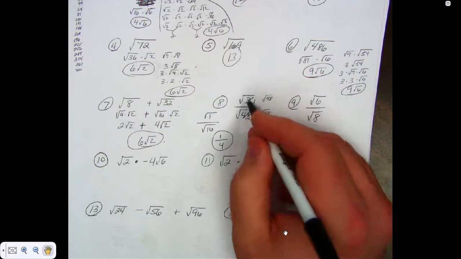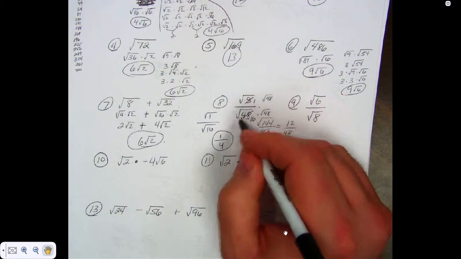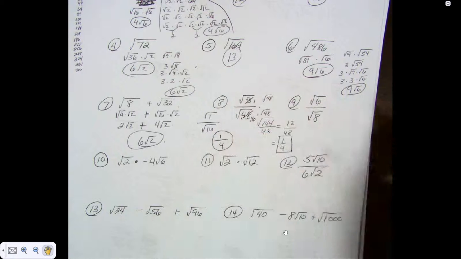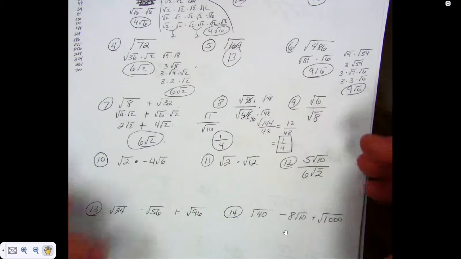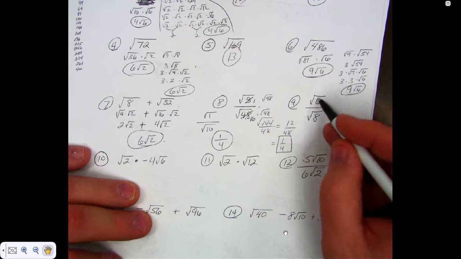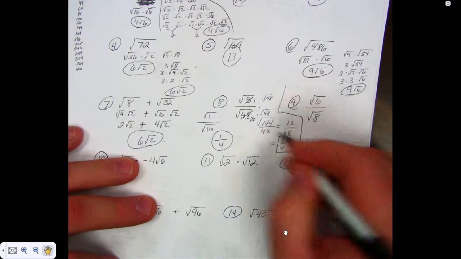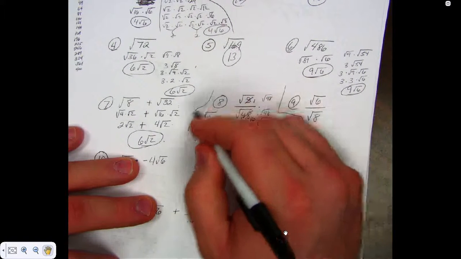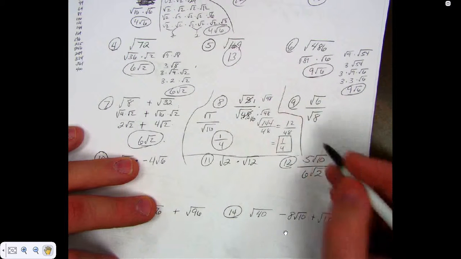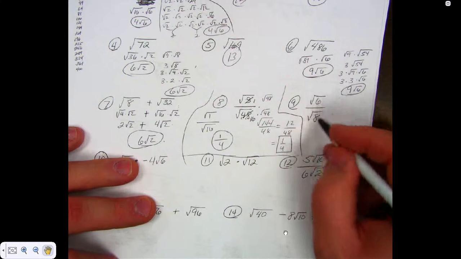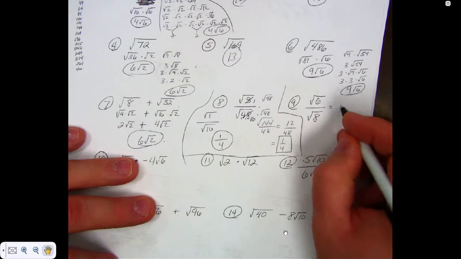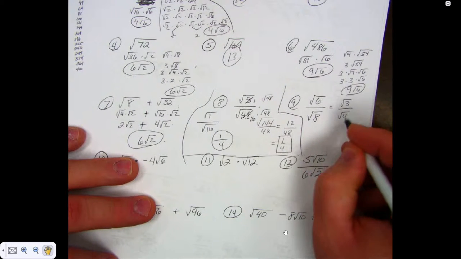What I'm saying is, remember, if they're both under the square root sign, you can divide the numbers, can't you? If one's under the square root sign and one's not, you can't divide them. But here, are both of them under the square root sign on number 9? Yes, they are. So 2 will go into both of them, right? Yes. So this will become square root of 3 over square root of 4.